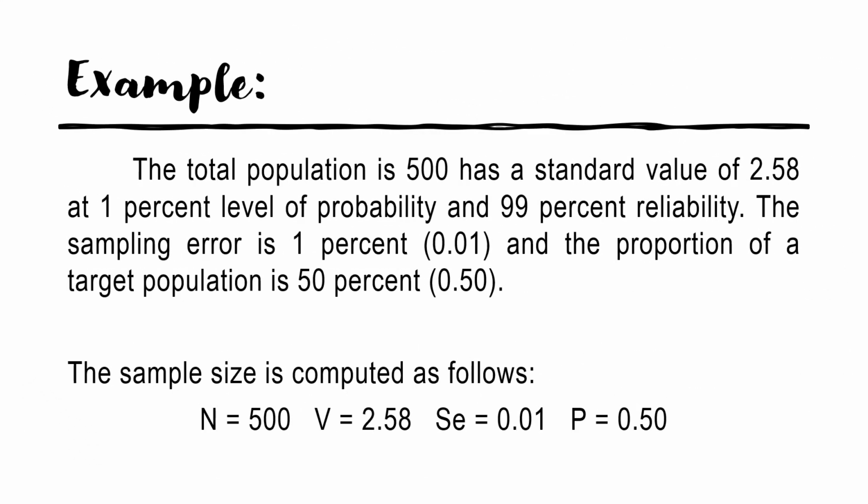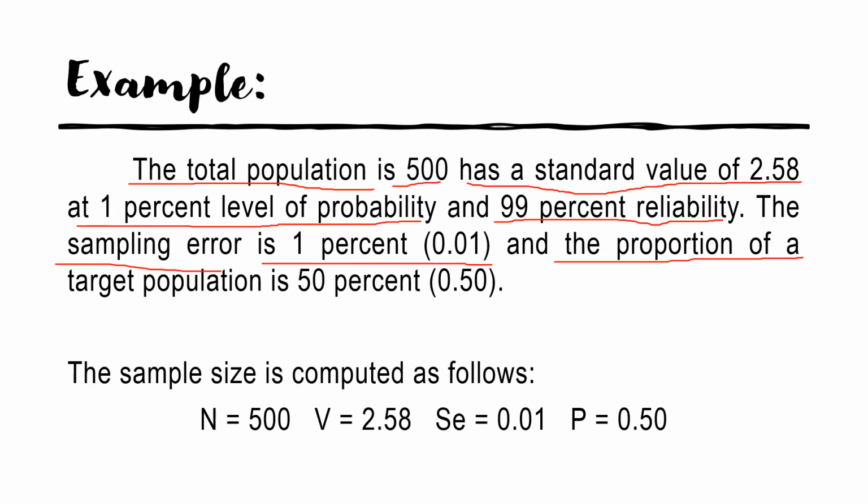For example, in the application of this formula, the total population is 500, with a standard value of 2.58 at 1% level of probability and 99% reliability. The sampling error is 1% or 0.01, and the proportion of the target population is 50% or 0.5.